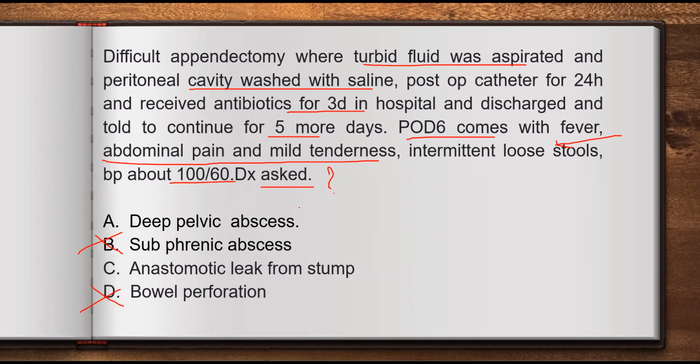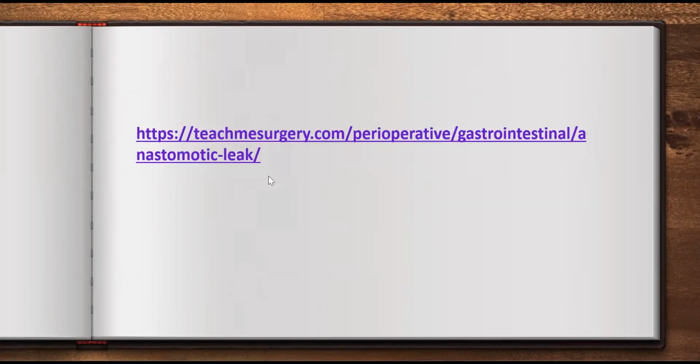Deep pelvic abscess or any abdominal abscess after surgery usually occurs in 10 to 14 days, because it needs time to form an abscess after surgery. This patient is post-operative day 6, so this doesn't go with this, right? Now you need to think a little bit more about what you would know. Let's move on to this one.